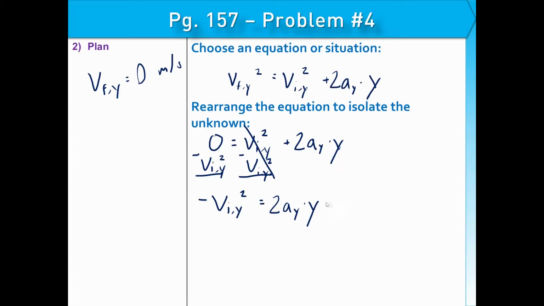So I'm trying to solve for y. So what I can do is now divide both sides by 2 times the acceleration y. This cancels, this cancels. So I'm going to be left with negative initial velocity in y squared all over 2 times acceleration y, and this will be equal to my y. So now I'm ready for the next step.